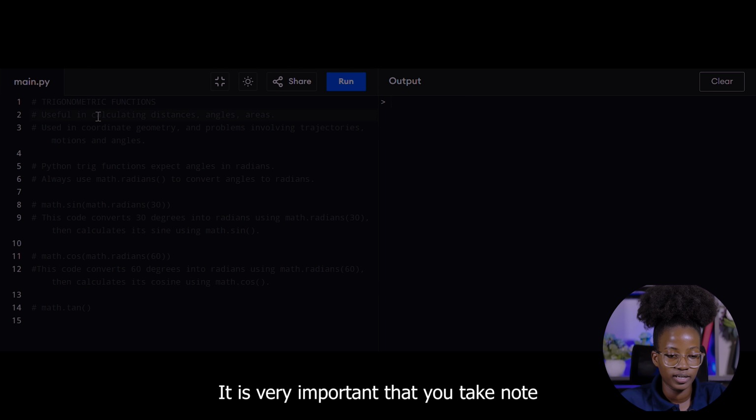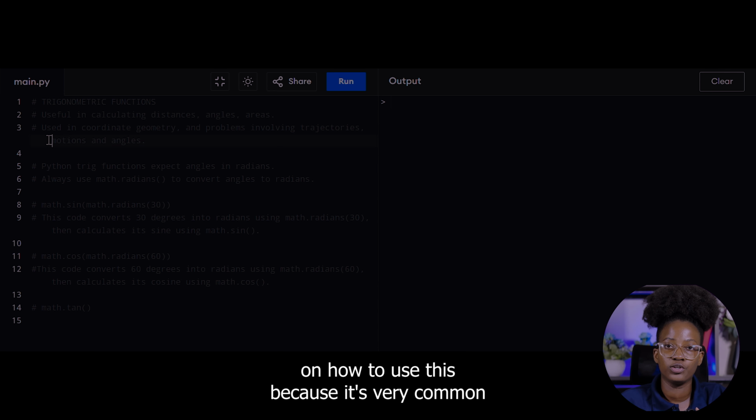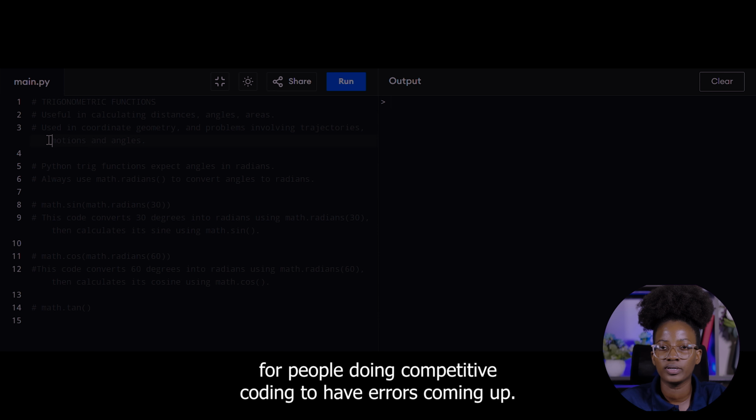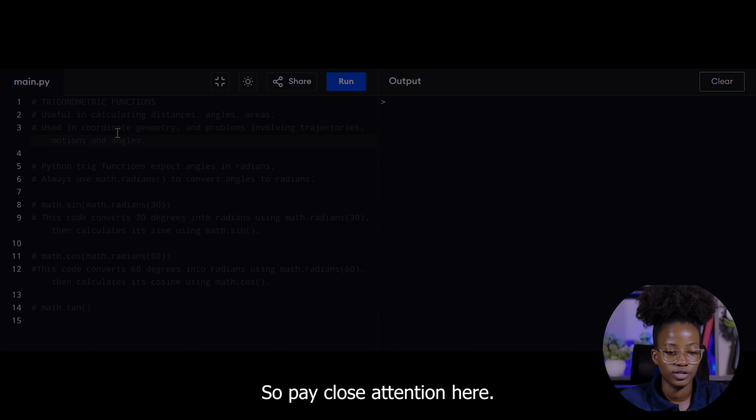It is very important that you take note of how to use this because it's very common for people doing competitive coding to have errors coming up. So pay close attention here.